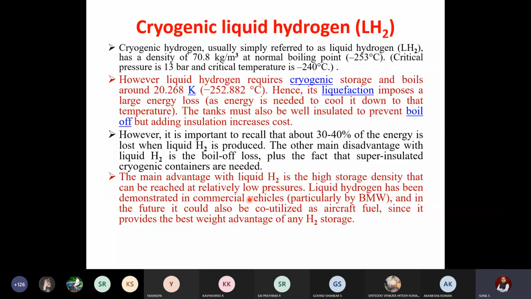Instead of 100 liters, you can carry only 35 liters for traveling the same distance. So that will be the advantage. The only disadvantage here is that 30 to 40% of the energy content should be used for converting into cryogenic temperatures, or you have to spend a good amount of money in converting it into liquid. That will be the only problem. So this is the second method of storage of hydrogen.